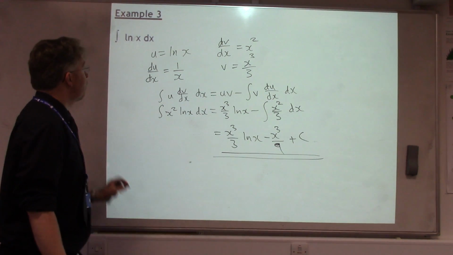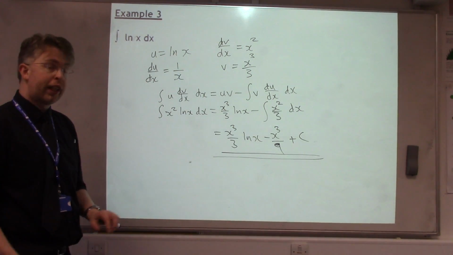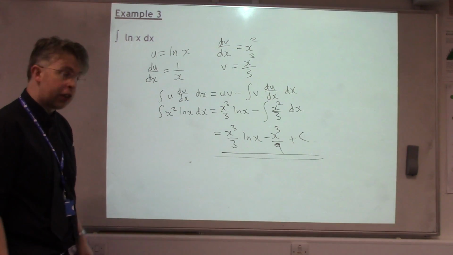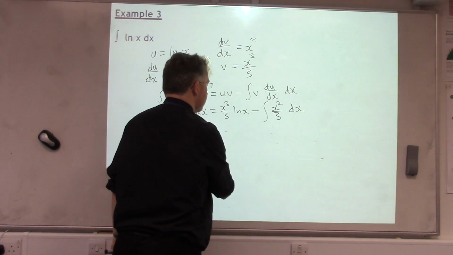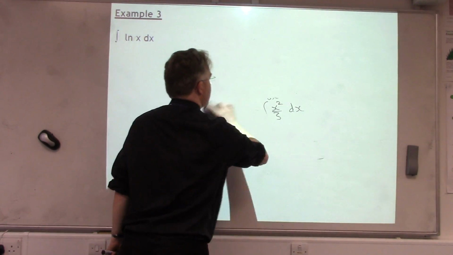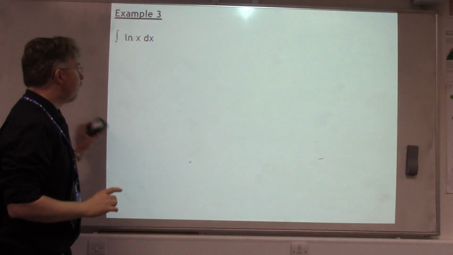Example 3 is a kind of special case. It's one of the only occasions where there's only one function and not an explicit product of two things. So again, ln x features.